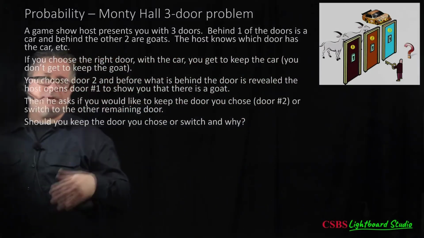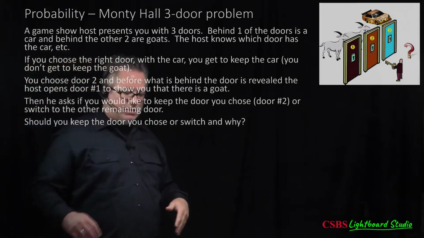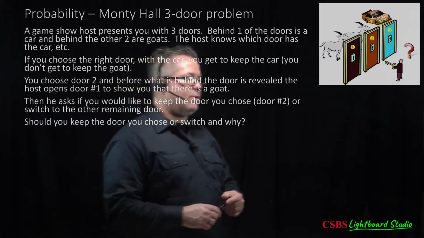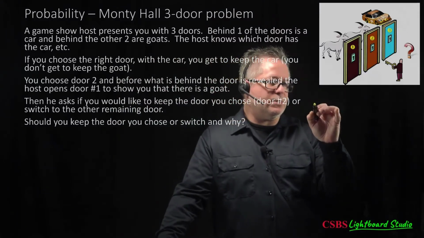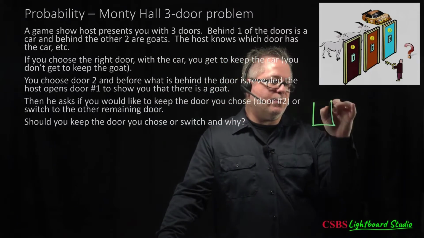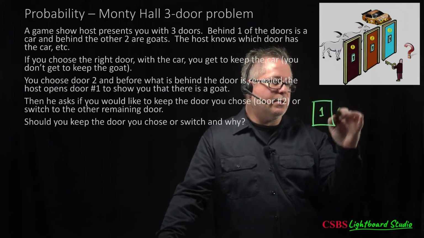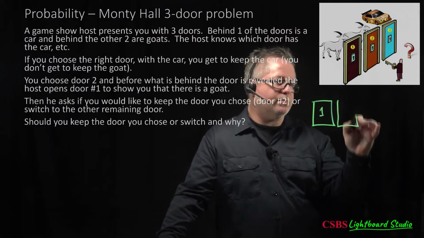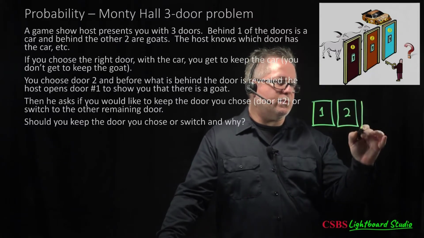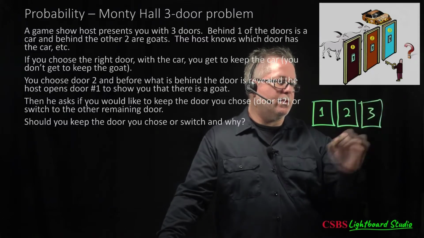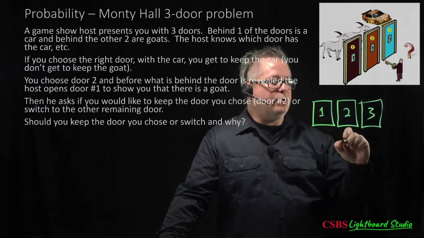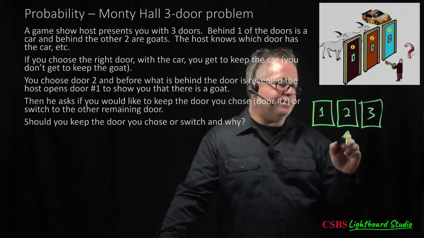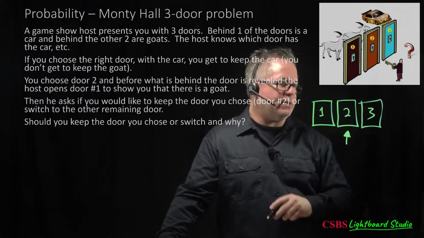So I picked door number 2, and you might be thinking about this in terms of probability. What's the probability if I'm talking about 3 doors? Let's do it here. So I have door number 1, door number 2, and door number 3. Forget this picture back here. Let's just say that you pick as a contestant door number 2.